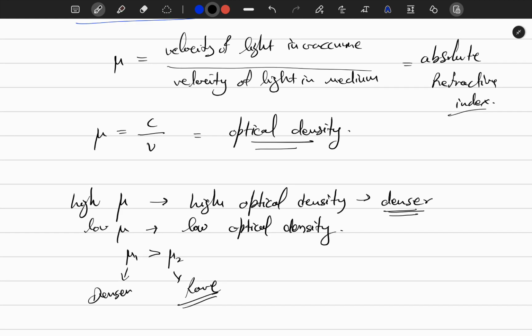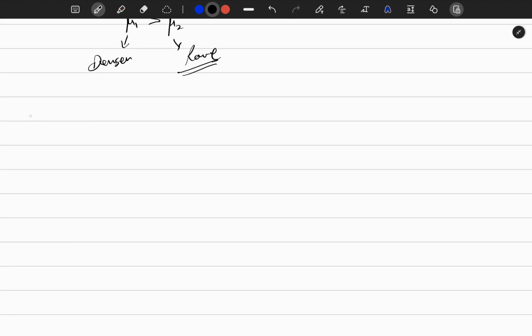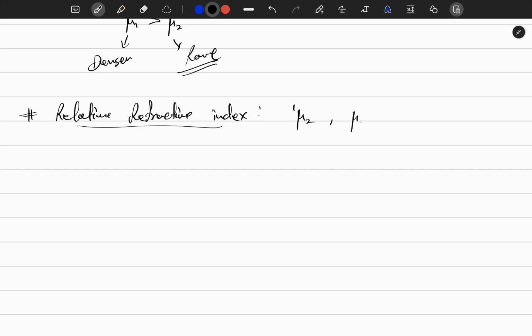Apart from the absolute refractive index, there is another kind of refractive index, which is called relative refractive index. Different books use different symbols to show this. Some books prefer mu 2 1 like this. This is the refractive index of medium 2 with respect to medium 1, and some also write it as the refractive index of medium 2 relative to the first.